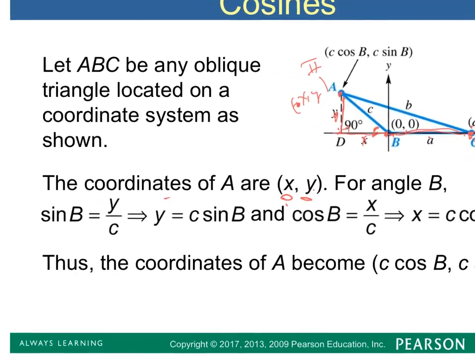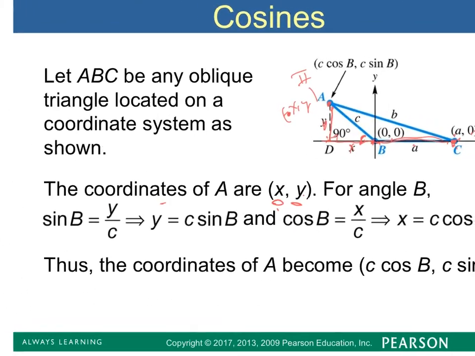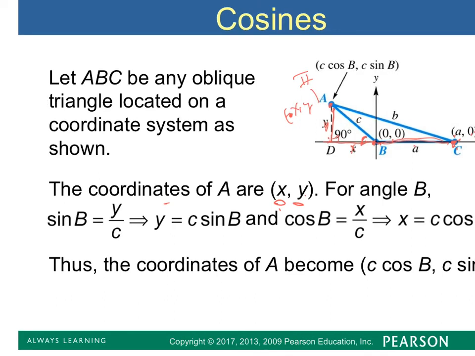And using the identity of sine, not the Law of Sines, the sine of angle B would be opposite over hypotenuse. Opposite has to be the y. And this C is side C of the big triangle, the oblique triangle that I care about, ABC. So that's side C.